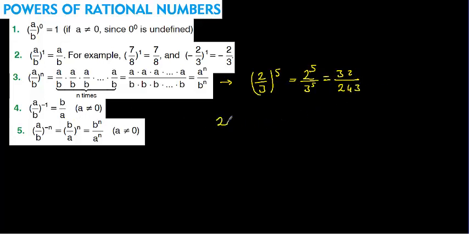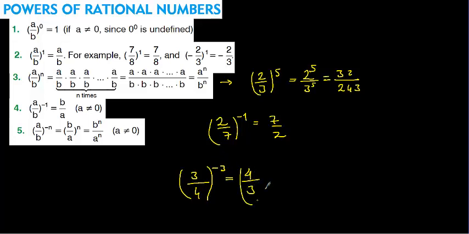Here 2 over 7 to the power of minus 1 is going to be equal to 7 over 2. And the last one, 3 over 4 to the power of minus 3 is going to be equal to 4 over 3 to the power of 3. You know after this part what it's going to be.